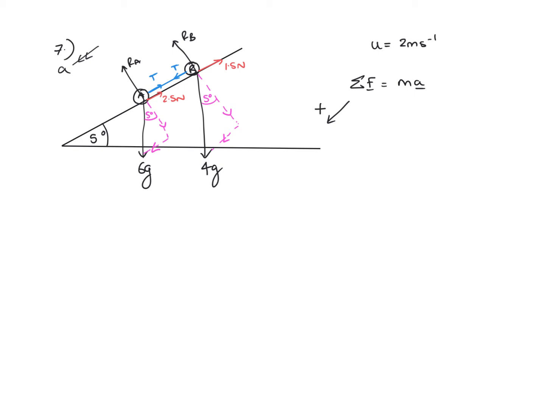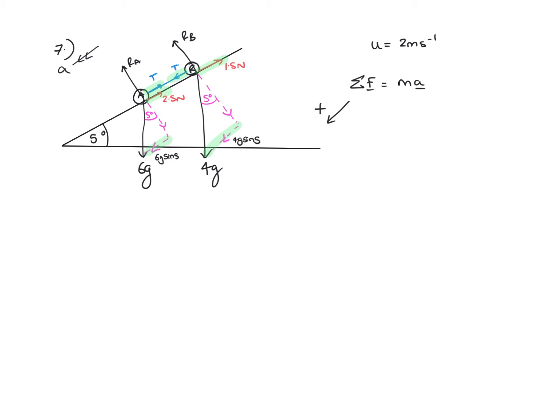So we're interested in what's going on parallel to the slope. The forces we have acting parallel to the slope are these T forces, these red resistance forces here, and these pink components here. Now let's just make sure we know what those pink components are. This is 6g sin 5, and this one is 4g sin 5.